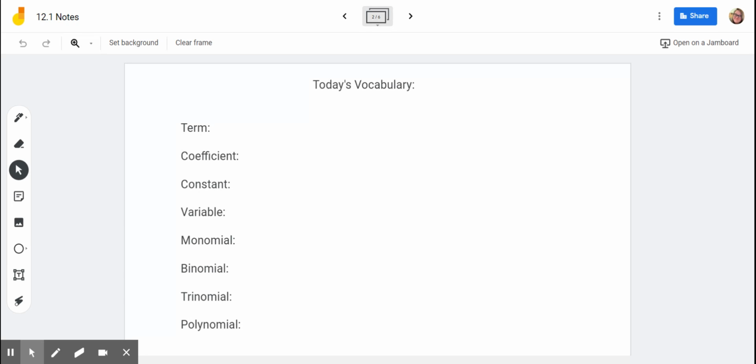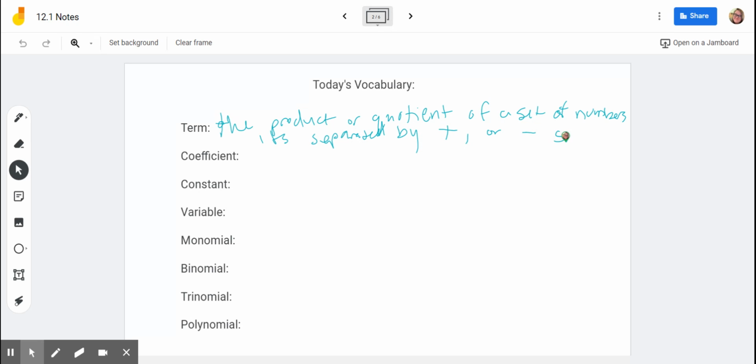A term is the product or quotient of numbers. Okay, it's separated by plus or minus signs.